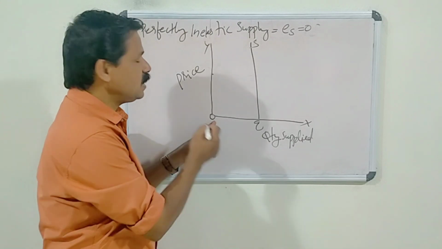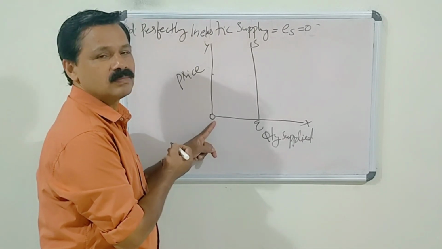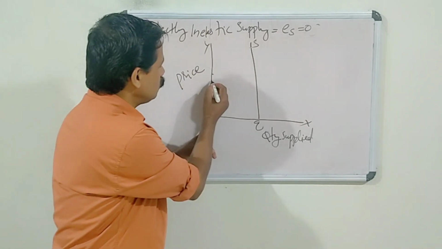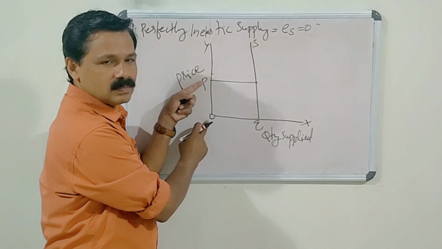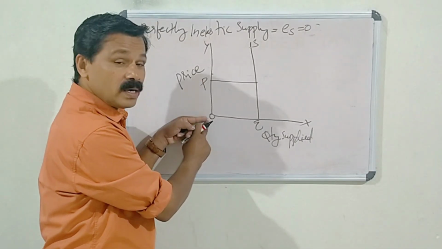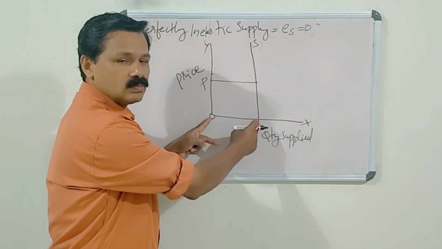Supposing the initial price fixed by the sellers is OP. At OP price, the quantity offered for sale is OQ.